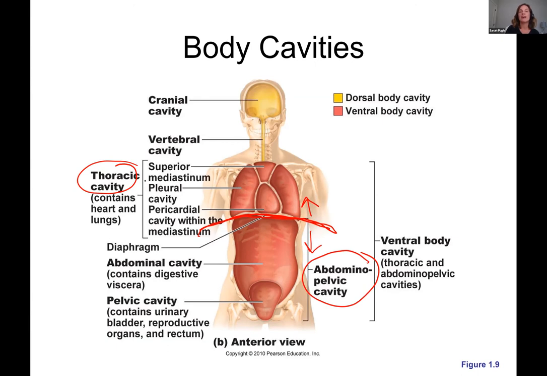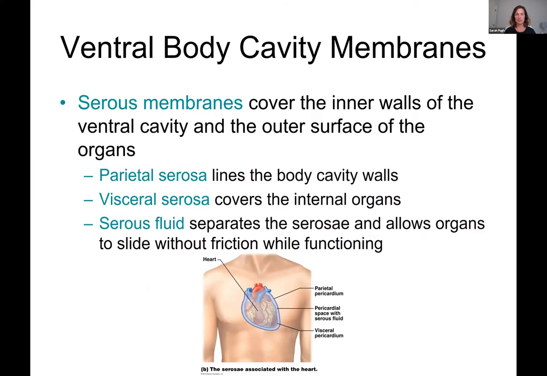We have our mediastinum, we have our pleural cavities, we have our pericardial cavity. Down below in that abdominal pelvic cavity, we just split it into abdominal and pelvic, okay? And in the back, we can see the dorsal cavity in yellow, and we can see the cranial cavity up top, housing the brain, and then we can see the vertebral cavity peeking out right there. So those are our body cavities, okay?